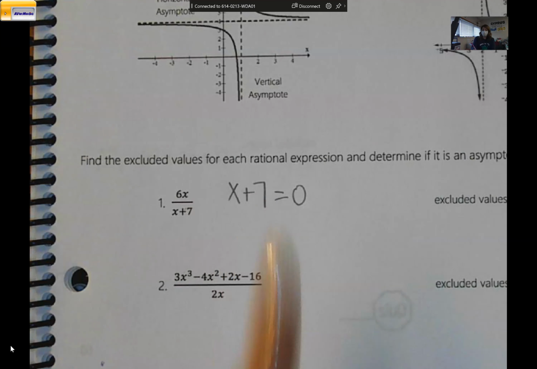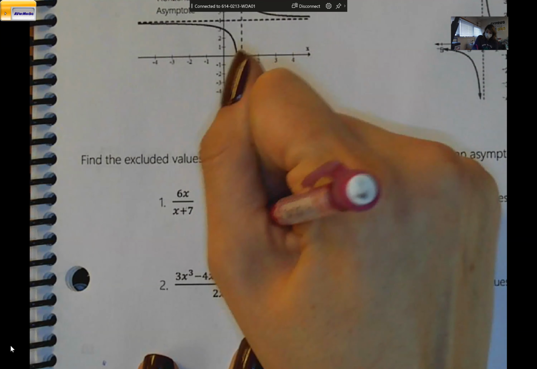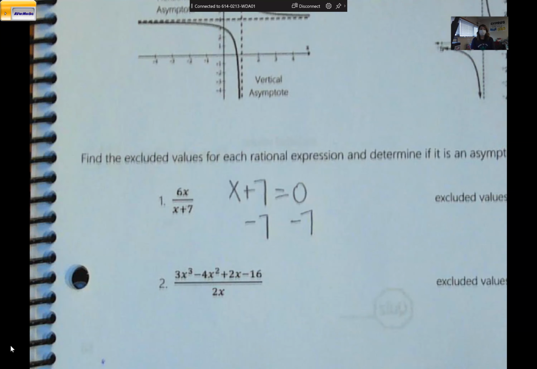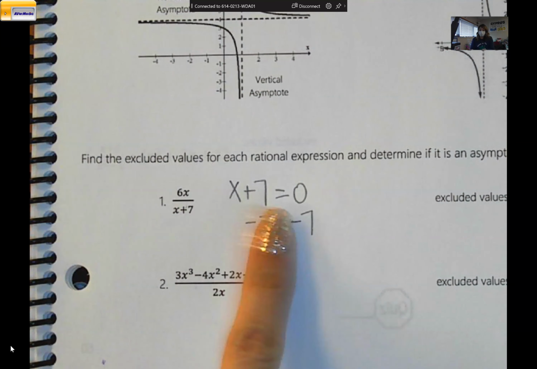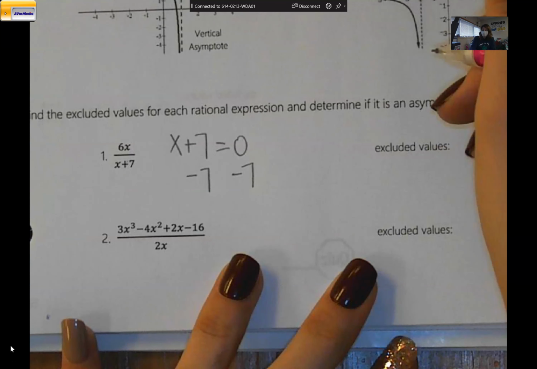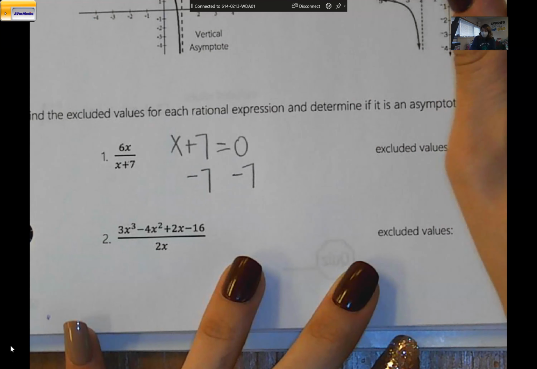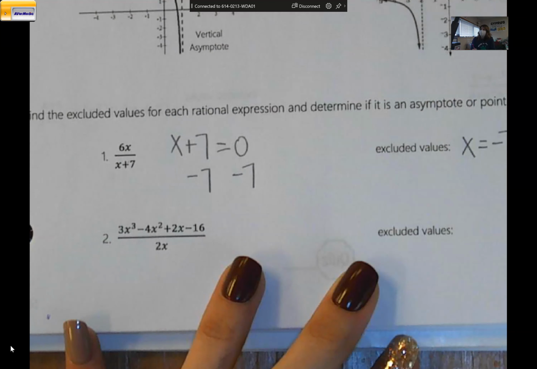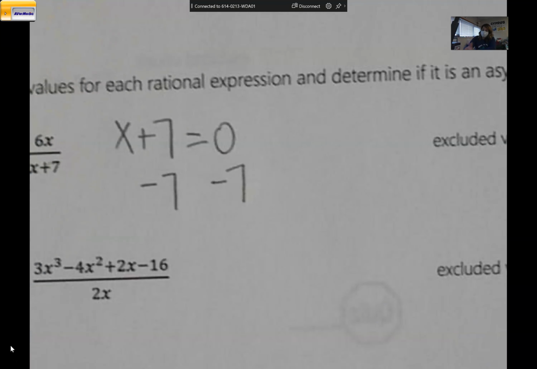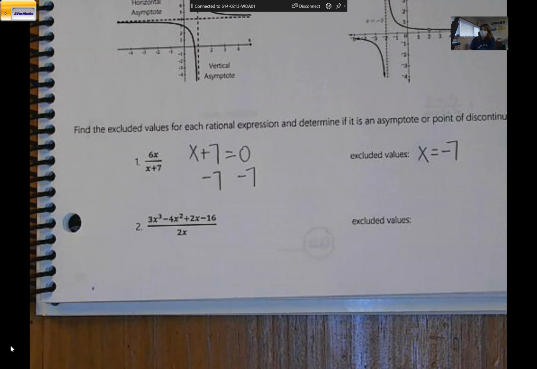If you have a plus 7, x will be what? Minus 7. That's how you always solve the equations. So your excluded value here is x is negative 7. You cannot plug a negative 7 into that denominator.